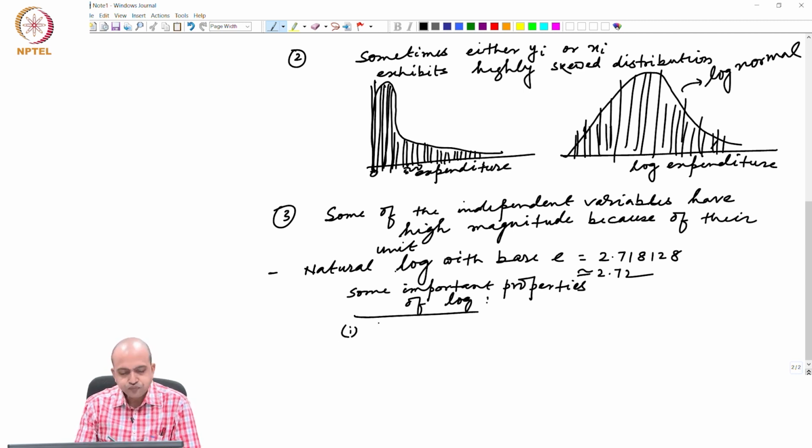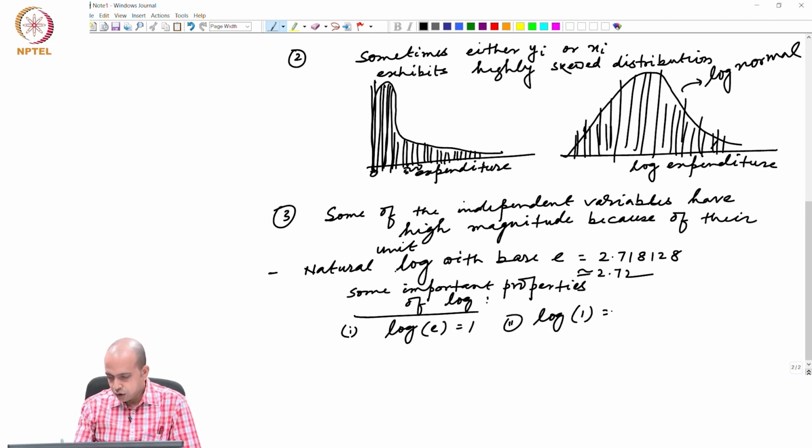Some important properties of log. First of all, since we are considering natural log, which is base e, log of e equals 1. Secondly, log of 1 equals 0.